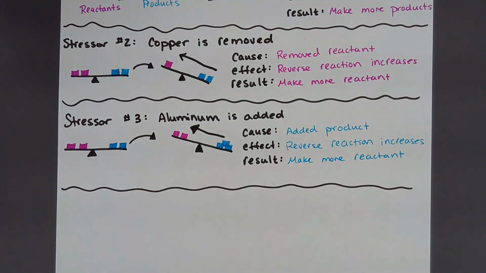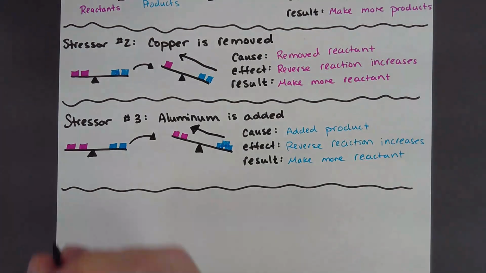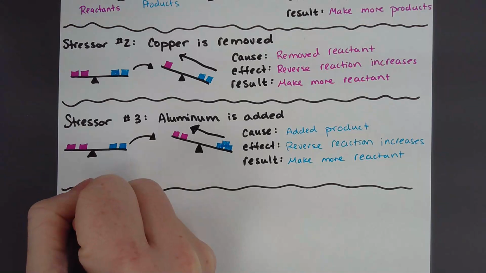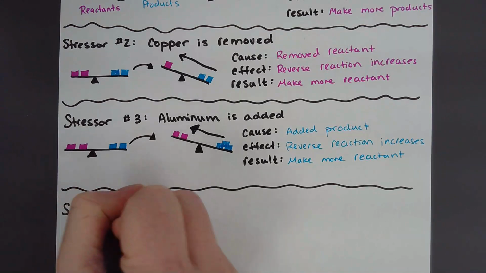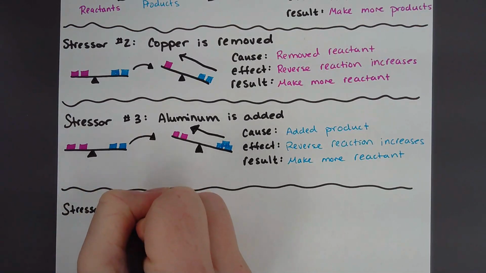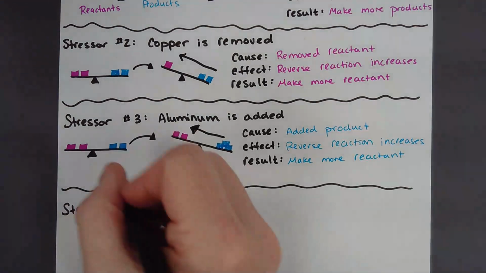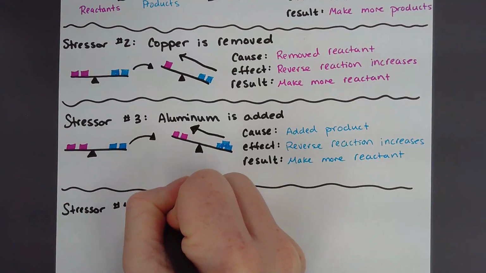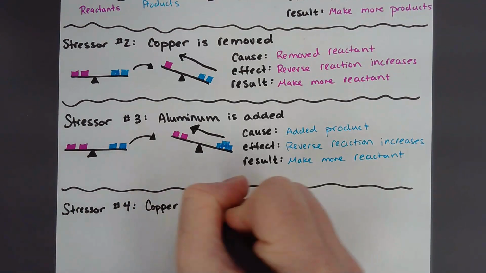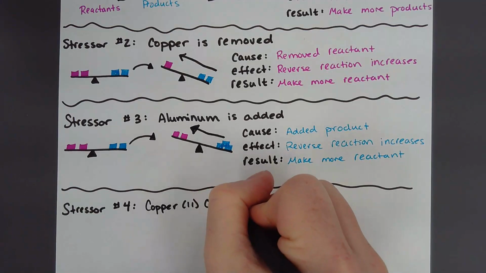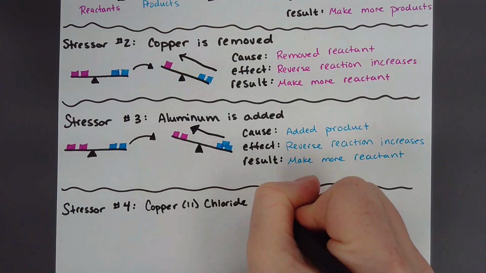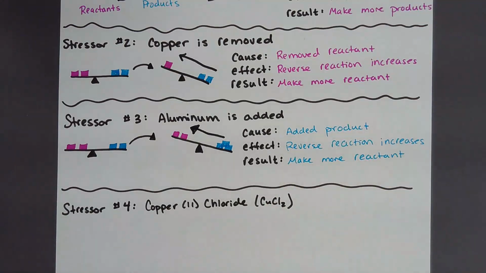All right, so if you remember, I said there are 4 scenarios. This means we are on our final one. Stressor number 4. For stressor number 4, we are going to have copper 2 chloride, which is the formula CuCl2 being removed.